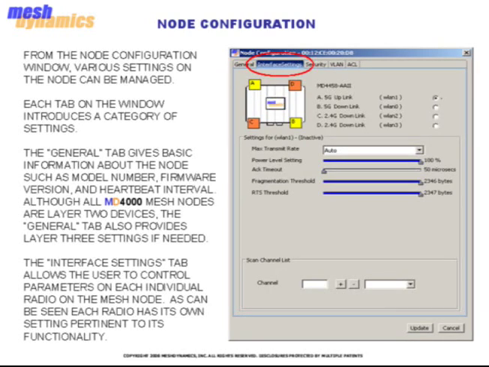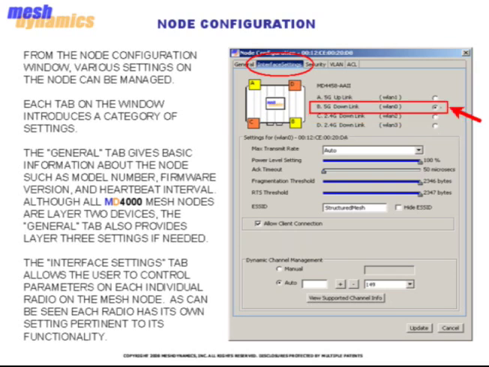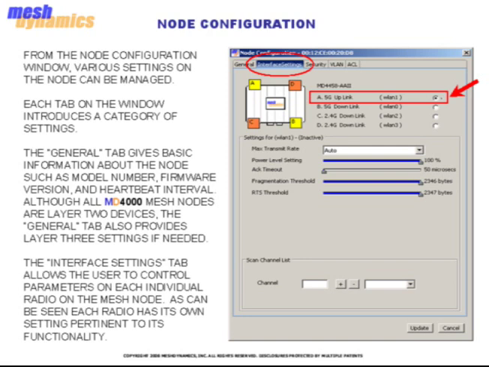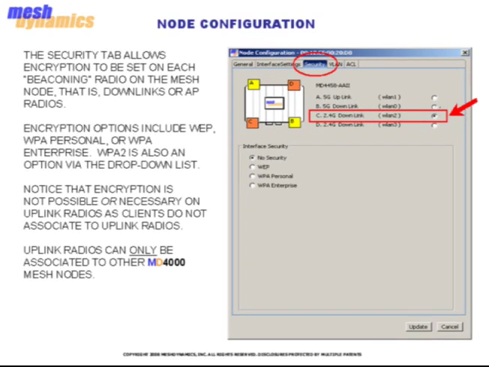The Interface Settings tab allows the user to control parameters on each individual radio on the mesh node. As can be seen, each radio has its own setting pertinent to its functionality. The Security tab allows encryption to be set on each beaconing radio on the mesh node, that is, downlinks or AP radios.